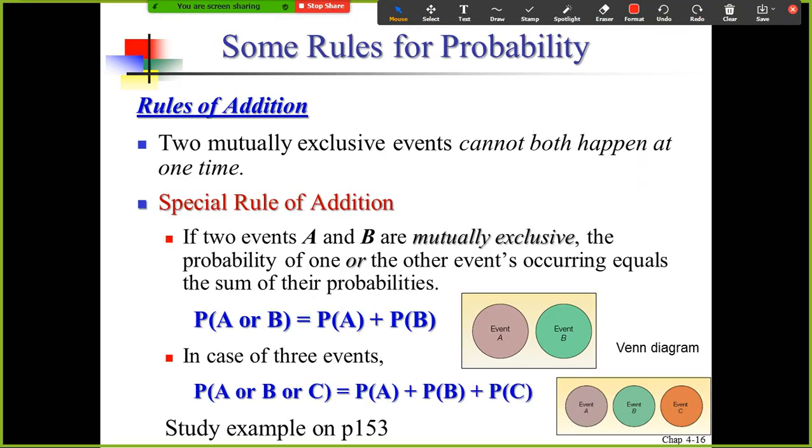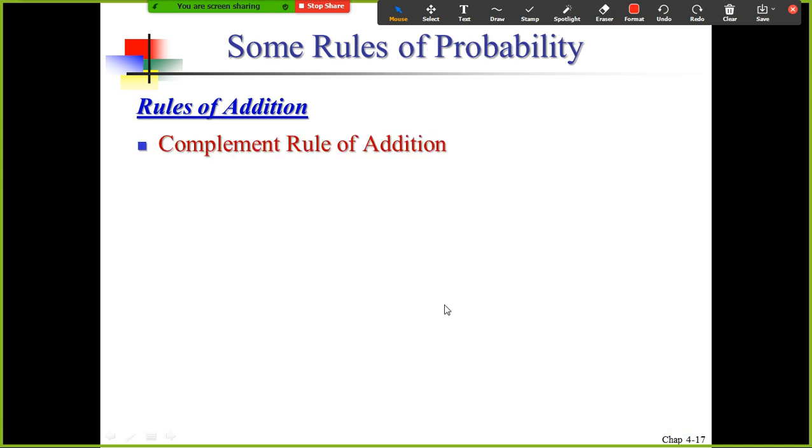Okay, now we have already learned the special rule of addition. How about the second rule? The second rule of addition is the complement rule of addition. What does complement mean? Complement means in order to complete. Complete means 100%.